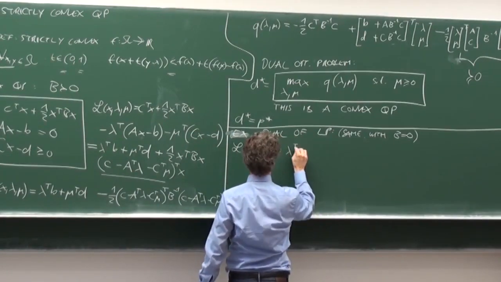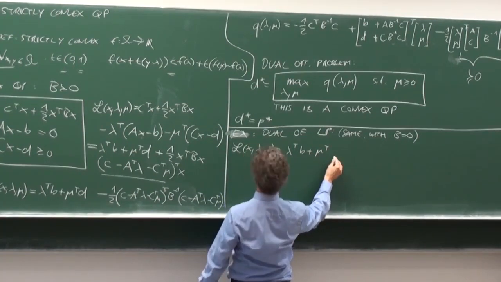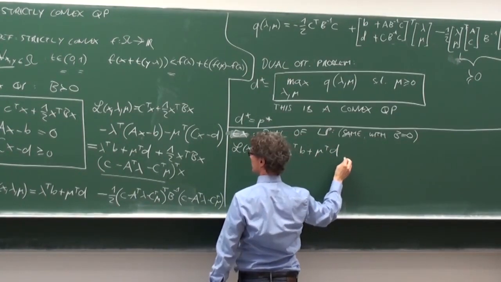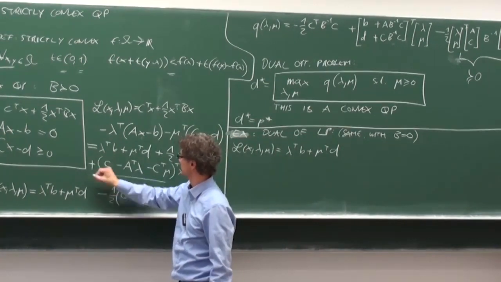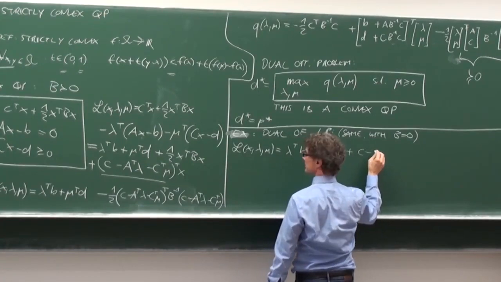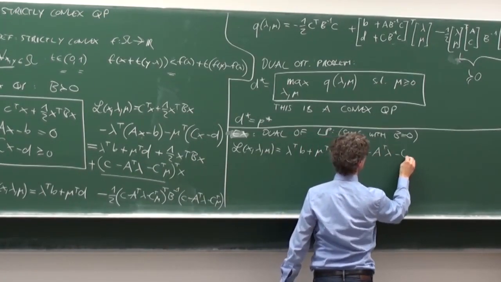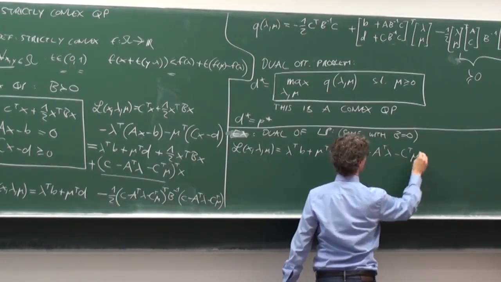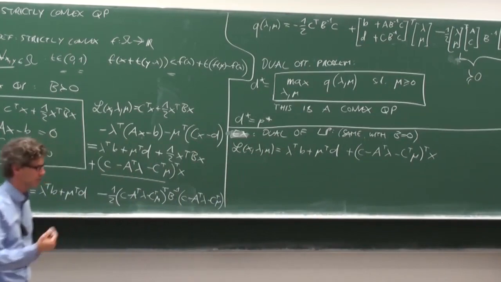So it's lambda transpose b plus mu transpose d. Here I forgot that there is a plus sign, right? Plus c minus A transpose lambda minus C transpose mu, transpose x. So that is now our Lagrange function.